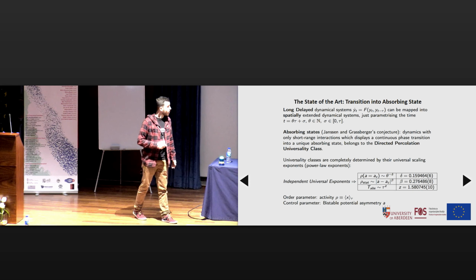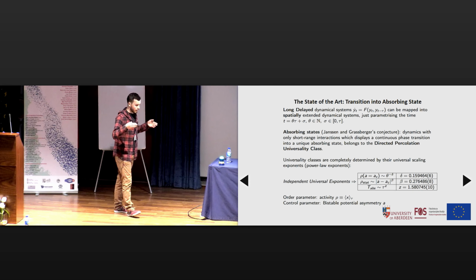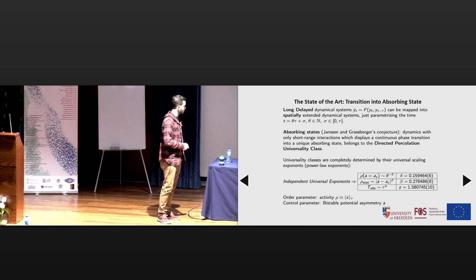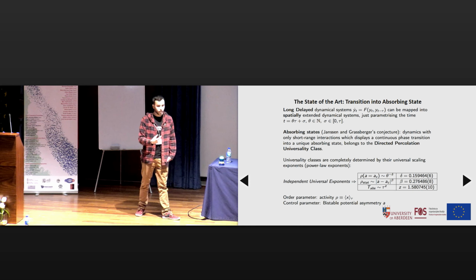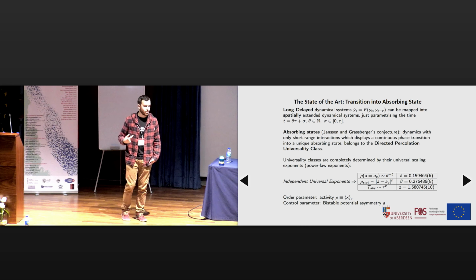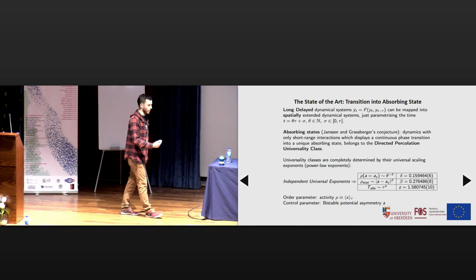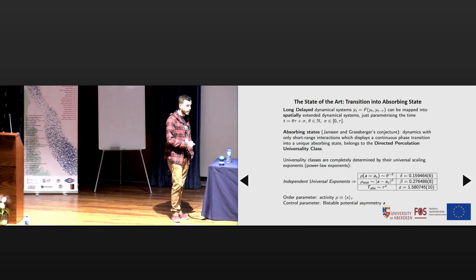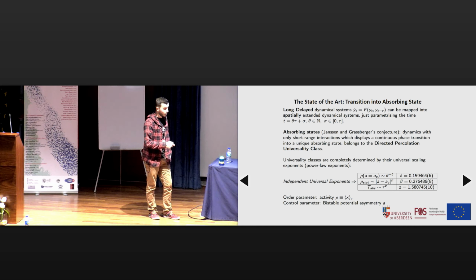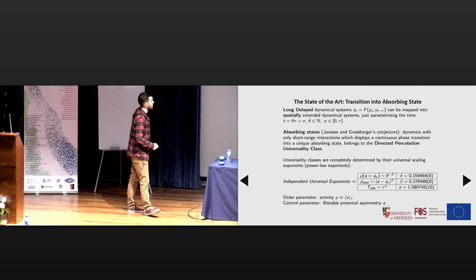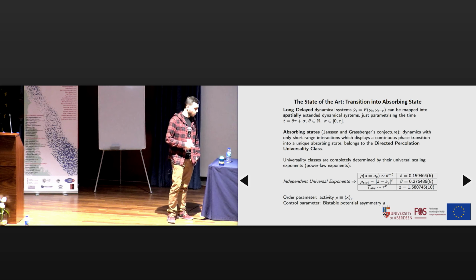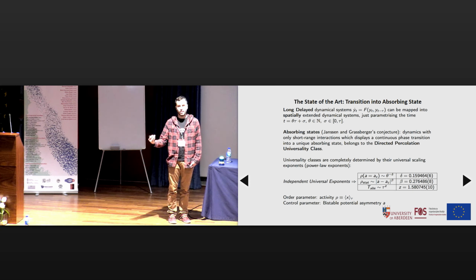If you never heard about this, in the renormalization group, belonging to a universality class means that you have the same critical exponents of this universality class. In this case, the three independent exponents of the DP universality class are, for example, let's assume that you compute the density of active states.